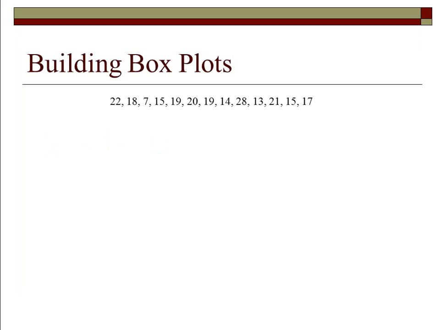Now, in order to build a box plot, the first thing I'm going to need to do is put the data in order. I'm looking at the data, and I'm typically going to go from lowest to highest. So I see 7, and as I write it out, I like to cross it off. My next lowest number is 13.